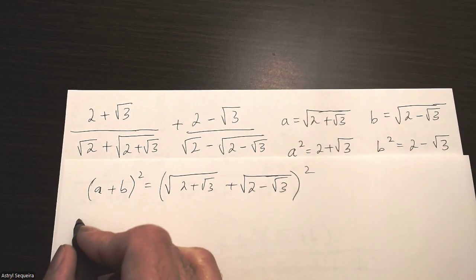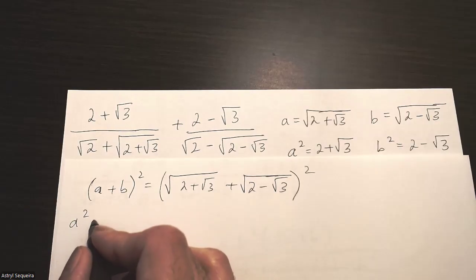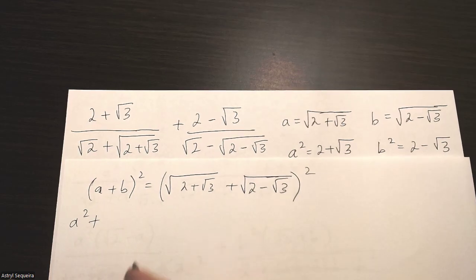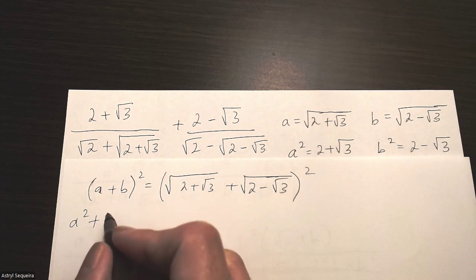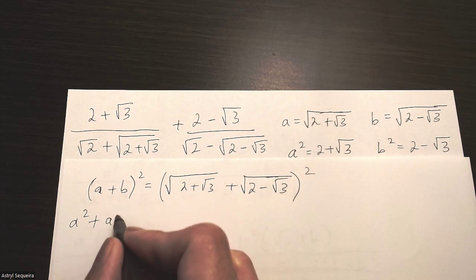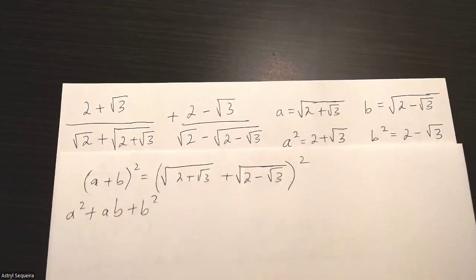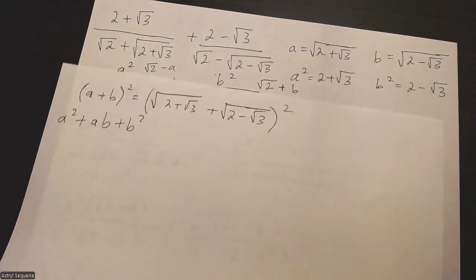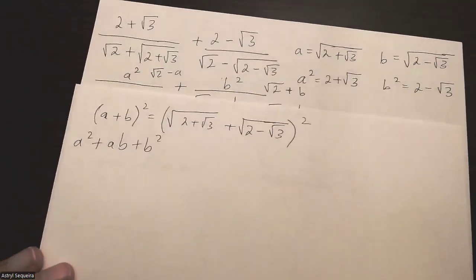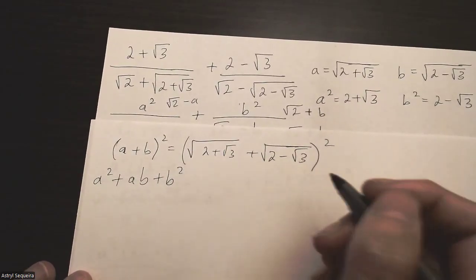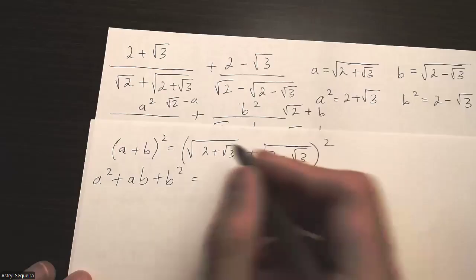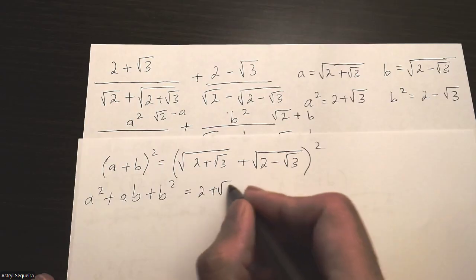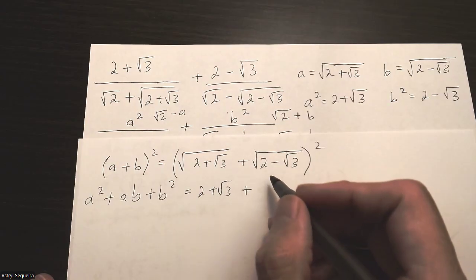So this side over here is going to give me a square plus 2ab plus b square. And this side is going to give me 2 plus root 3, that's the first term squared.